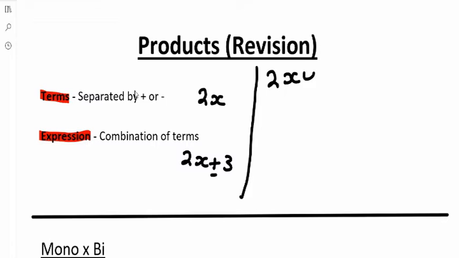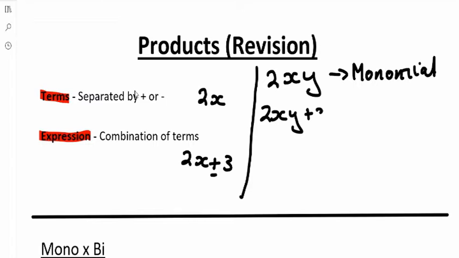So, for example, if we have 2xy, just a standalone 2xy, this is what we would call a monomial. If we have 2xy plus 3z, well, there's two terms, 1 and 2. Therefore, it is known as a binomial.